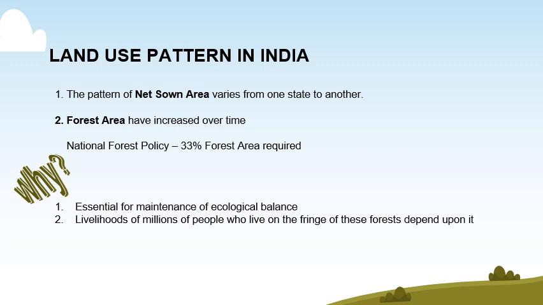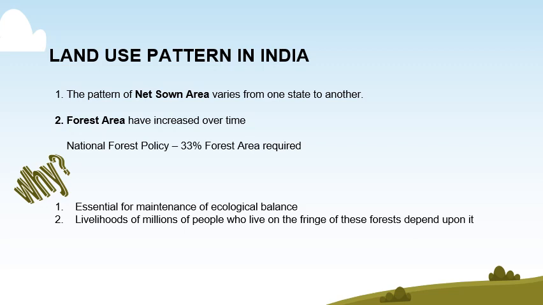Now coming to forest area in our country, this is far lower than the desired 33% of geographical area as outlined in the National Forest Policy of 1952. The National Forest Policy has stated that minimum forest area should be 33%, but in our country it is less than 33%.